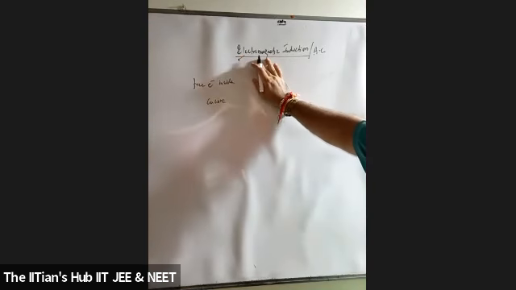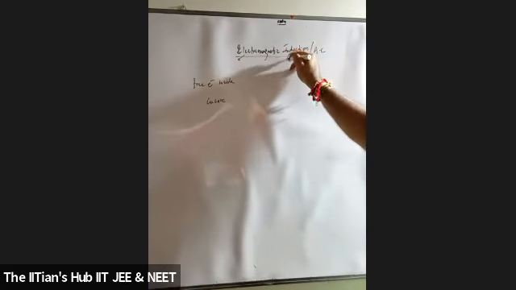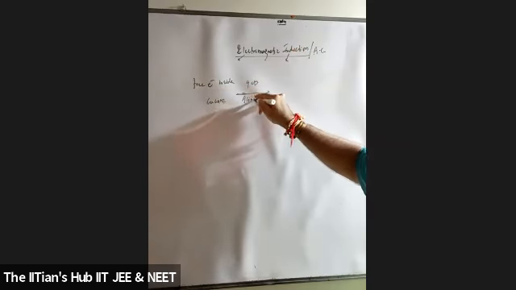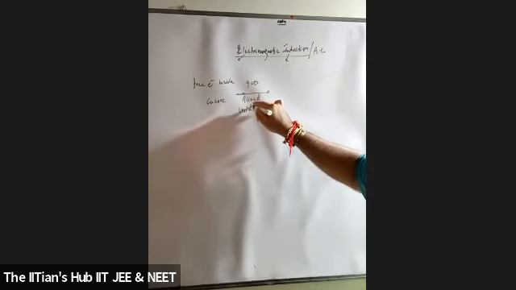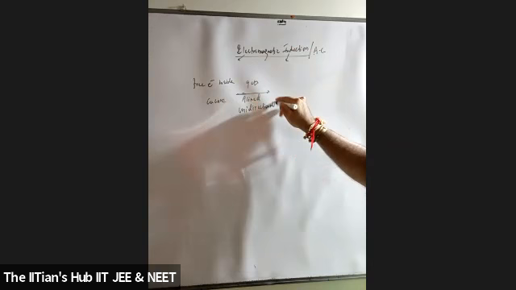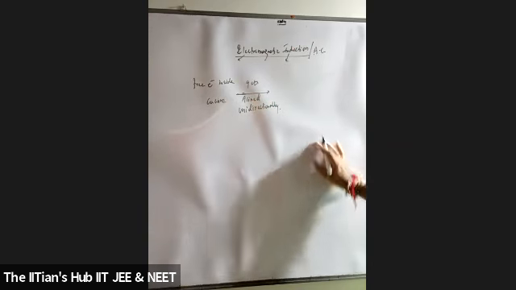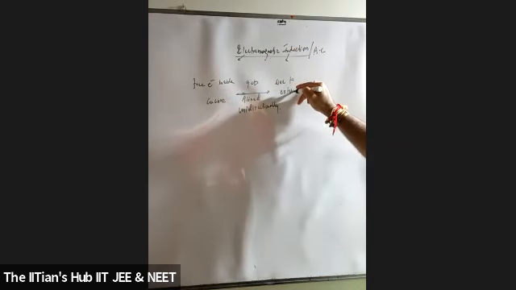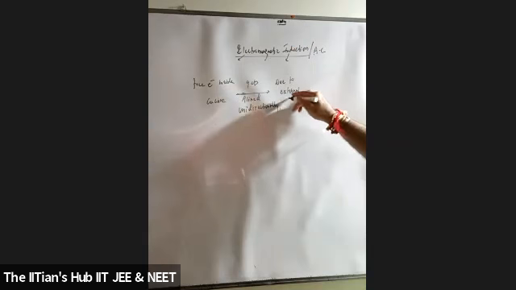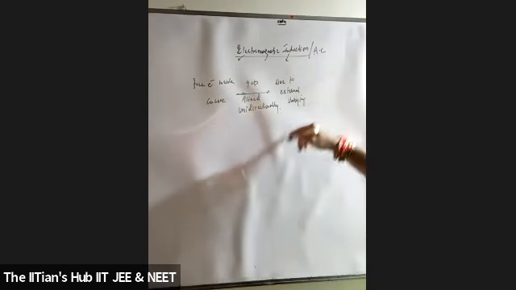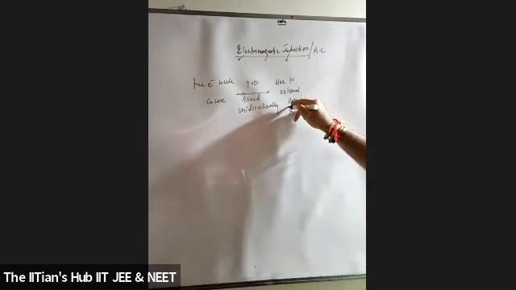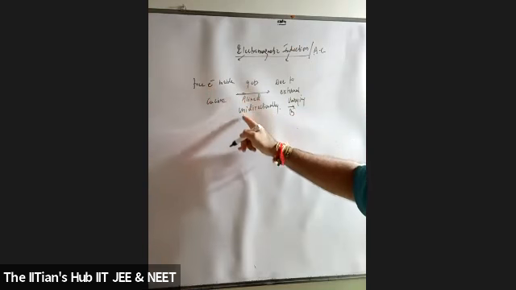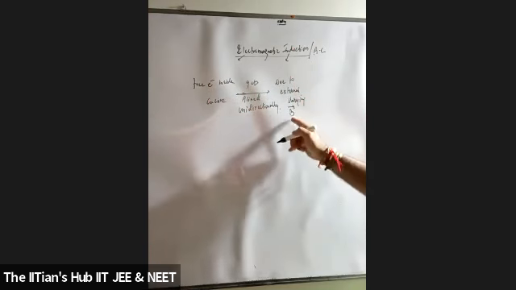Free electrons inside the copper wire get aligned unidirectionally due to an external varying magnetic field.